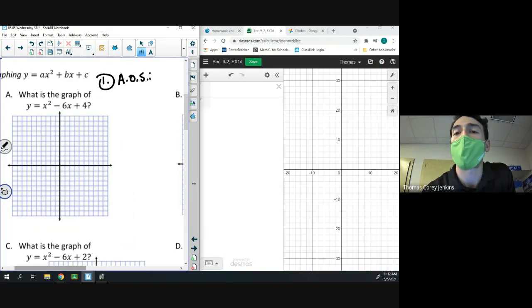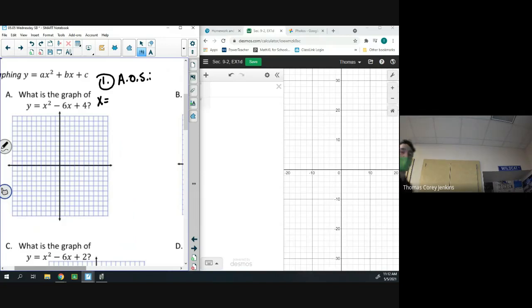For that we say x equals negative b over 2a. First of all, for b and a, you have to know what those are. So let's go ahead just on our first one and say what a is, what b is, what c is.